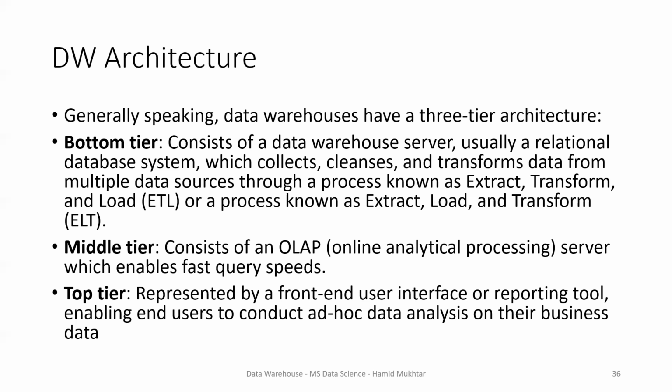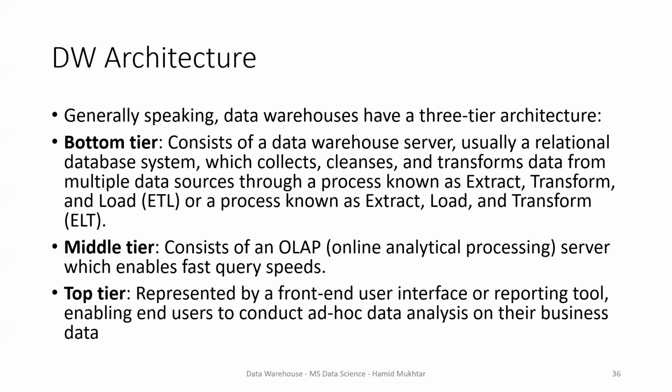So what do we get about the bottom tier? It is the main data warehouse server which contains the store. This store is in the form of a relational database system, and it is not only a database, but because of the server, it collects the data, cleanses the data, and transforms the data, because you may get data from multiple data sources, and we will see examples of that.